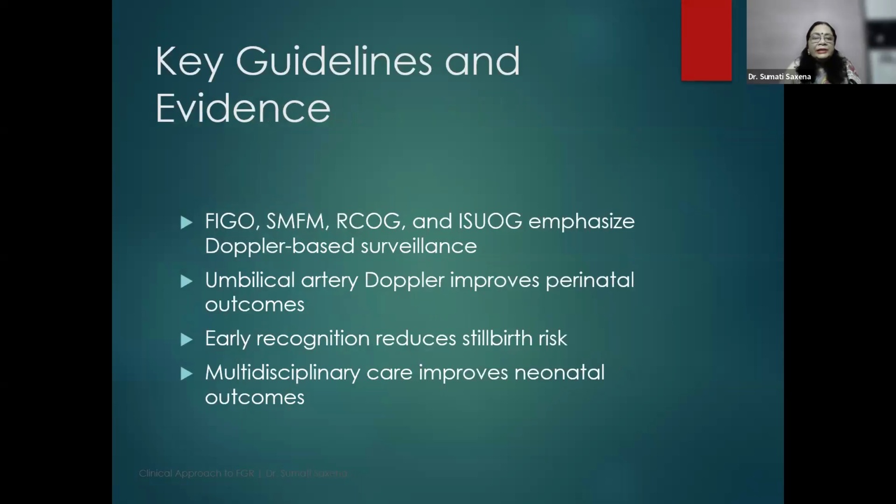So key guidelines and evidence by FIGO, SMFM, RCOG, ICOG emphasize Doppler-based surveillance. Umbilical artery Doppler improves perinatal outcome. Early recognition reduces stillbirth risk, and multidisciplinary care improves neonatal outcome.